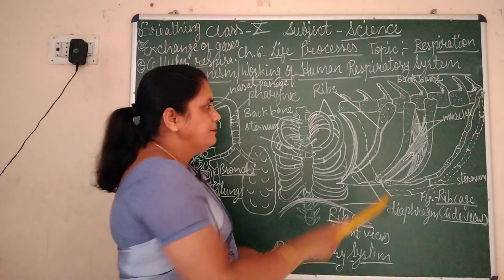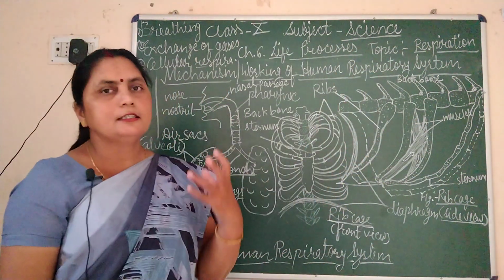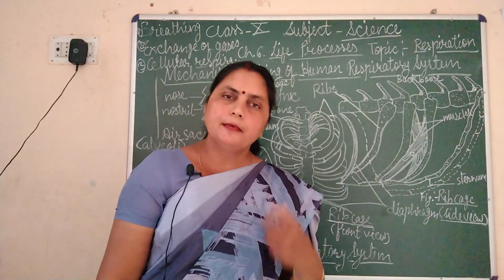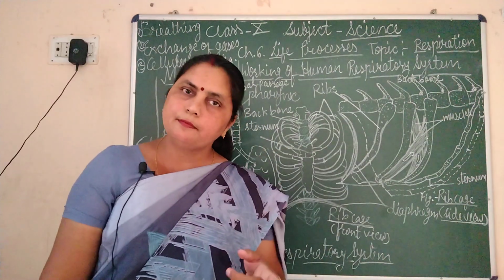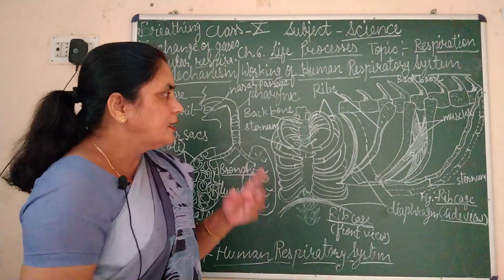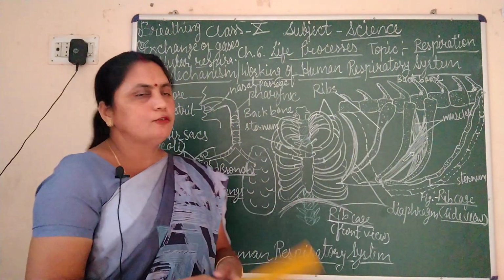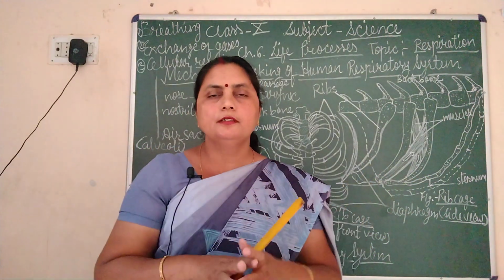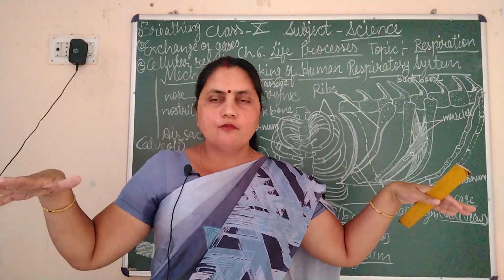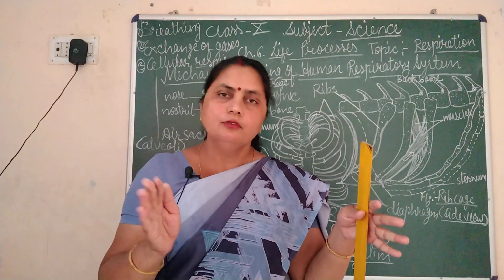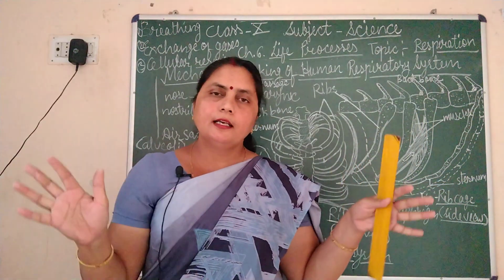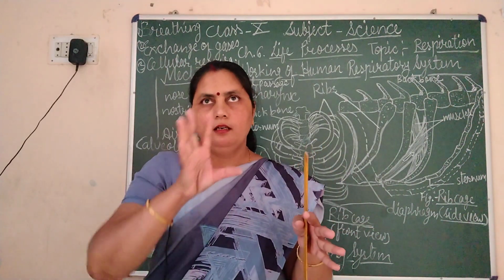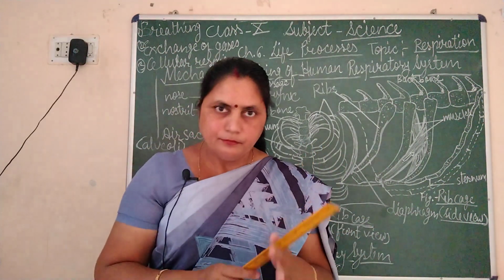At the same time, another bundle of muscles will contract, and the previous bundle will relax, and the ribs will move back to their original position. Earlier they had moved upward and outward, now they come back closer to the backbone and sternum.